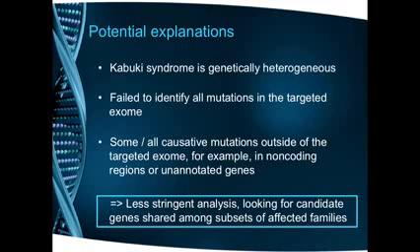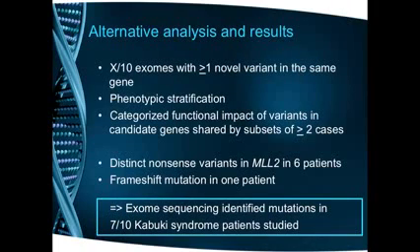So then they resorted to a less stringent analysis. They relaxed their criteria, and they looked for candidate genes shared among subsets of their patient cohort. They said, if any out of the 10 exomes have 1 or more changes, then we're going to categorize that. And how to prioritize that? Well, they did that based on phenotype, and they also looked at the functional impact of the changes that they found.